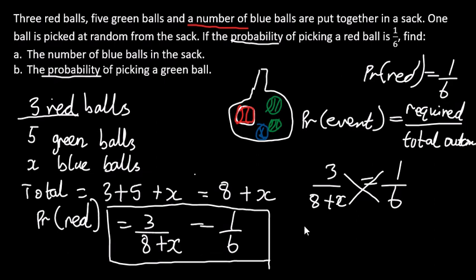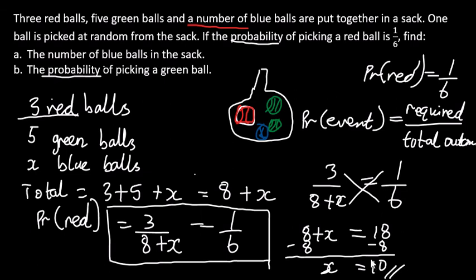So 8 plus x times 1 is 8 plus x, equals 3 times 6, that's 18. Subtracting 8 from both sides of the equation, 8 minus 8 is 0, so x equals 18 minus 8, that is 10.